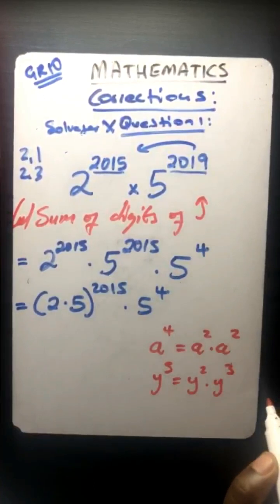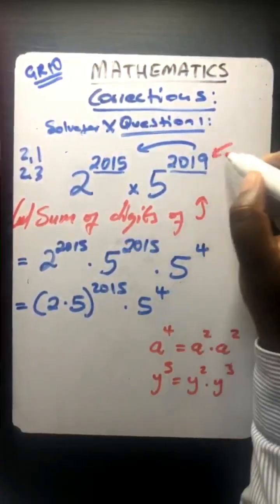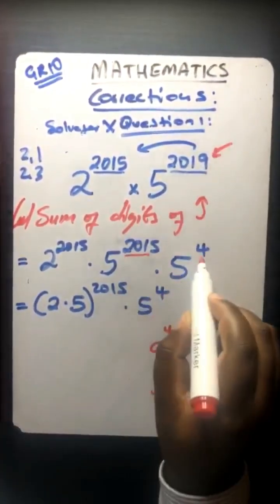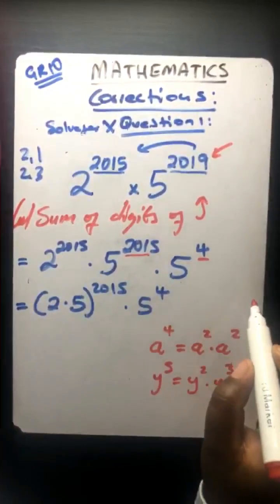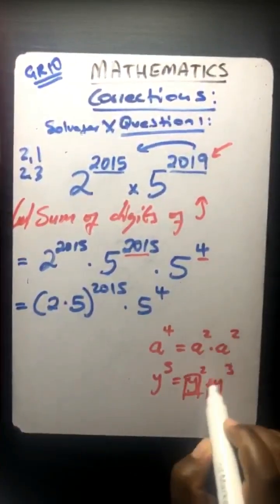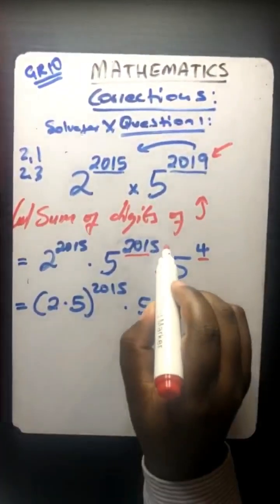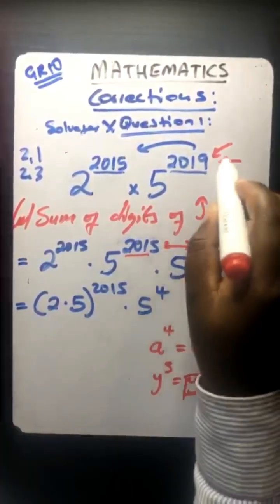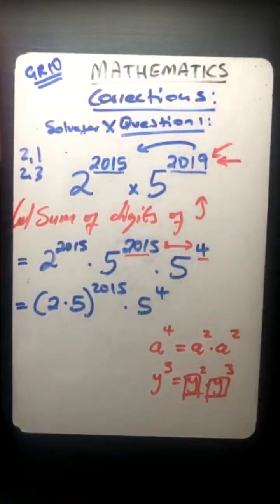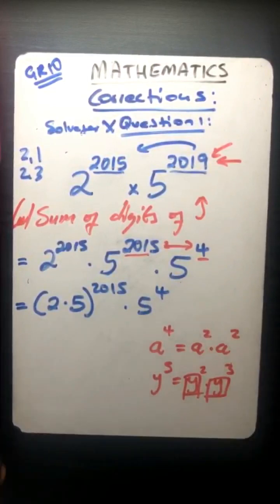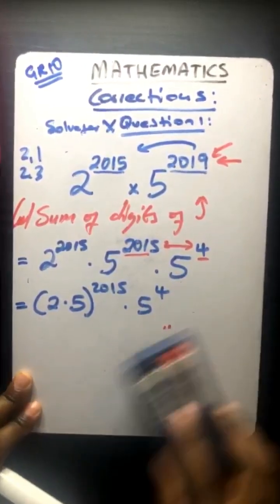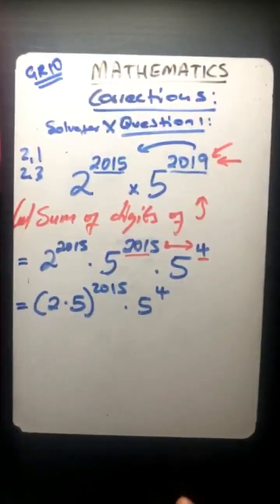So we just separated this 2019 to make it 2015 and 4. Because the law says when you have the same base, you add the exponents. If you add that and that, it takes you back to 2019. Does it make sense now, honorable member? Is it Tembelihle speaking? I hope it makes sense.